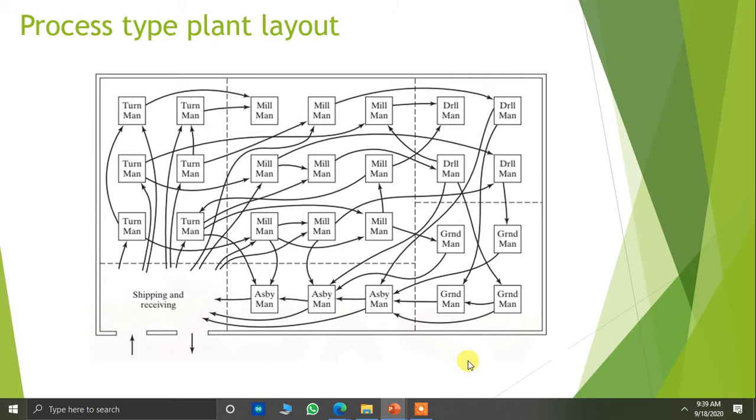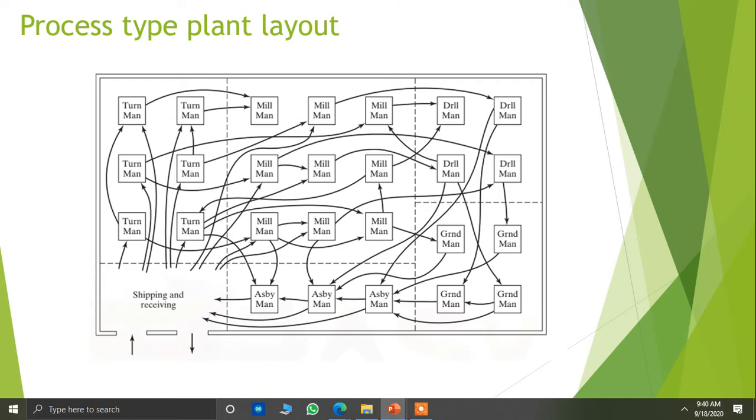Okay, what do you understand by this figure? How does this figure look? Well, it's very confusing. It's clumsy.